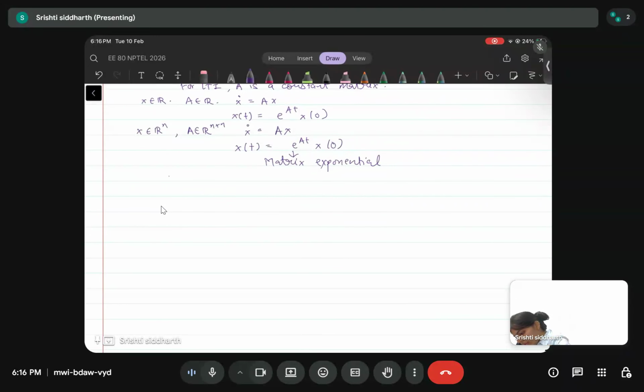So the solution to the system x dot equals Ax is x(t), x at time t, equals e to the power At times x0. There are n states, and this is known as phi(t), which is the state transition matrix.